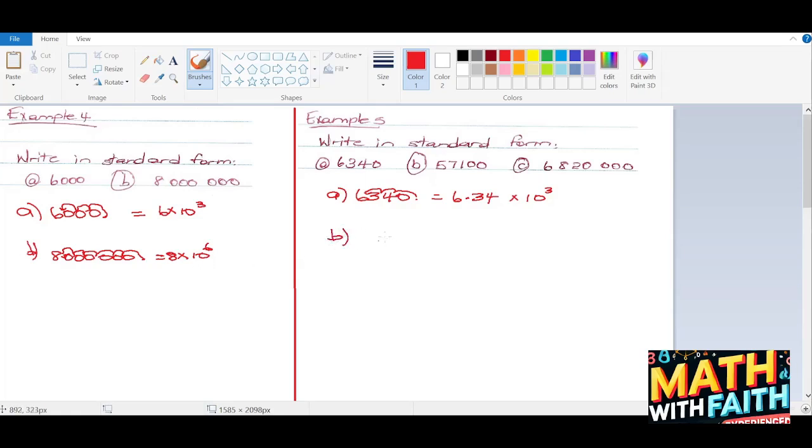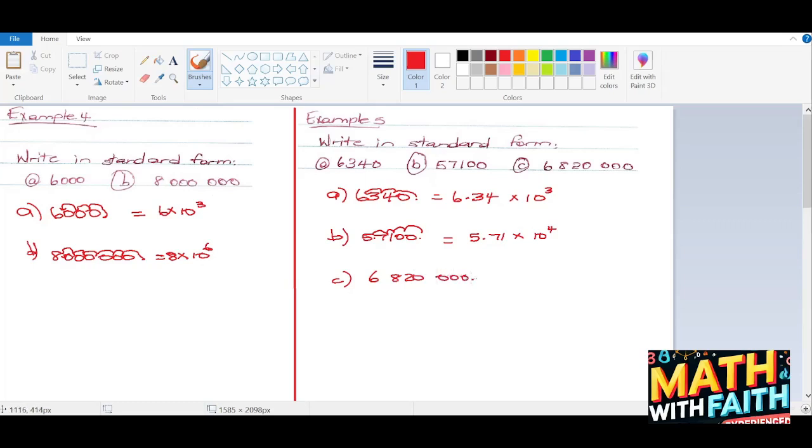B, 57,100. We have to move this point 1, 2, 3, 4 times to get one digit before the point. So that's 5.71 multiplied by 10 to the 4, since we moved it 4 times. Last but not least, 6,820,000.